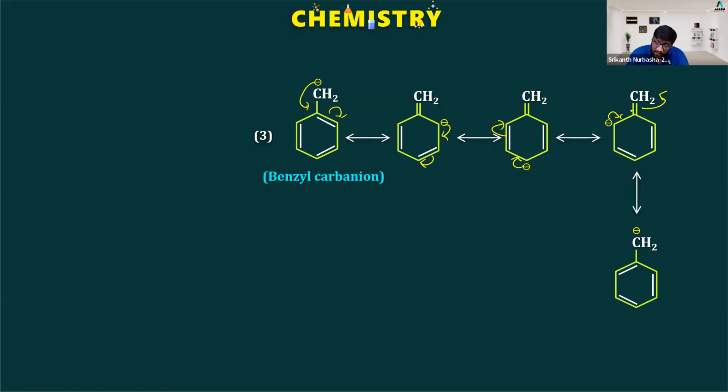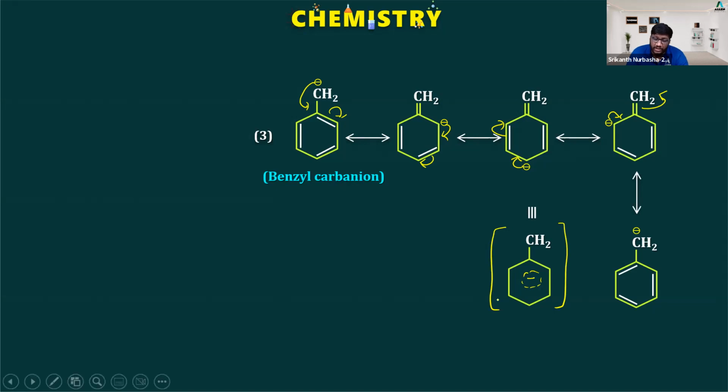This is also the final resonating structure. Ultimately you have the resonance hybrid, where the total pi electron density is moving and the negative charge is present. So whenever we are given a benzyl carbanion, the movement of electron density occurs from the negative charge towards the pi electron density.